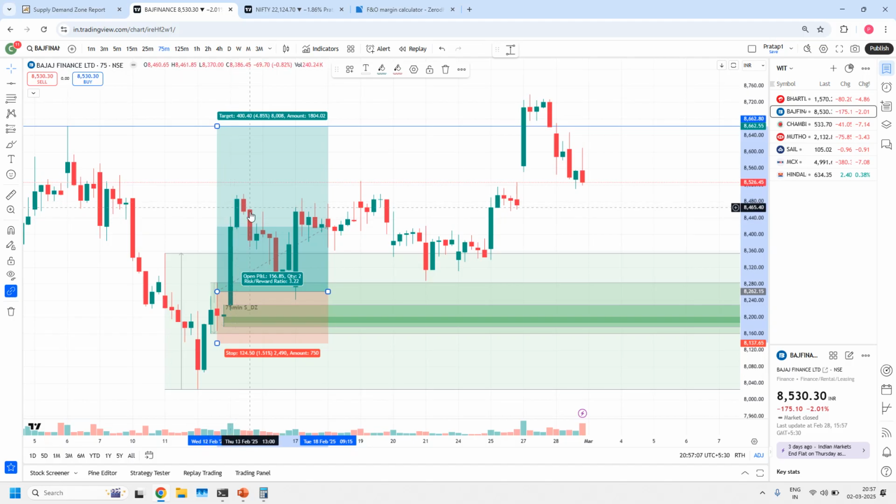After that, prices entered into the zone and gave a trade. On 17th February, it gave the trade. Please check 17th February. We generated our report on 21st February, end of the day. At the time we identified this zone, it had already given a trade.